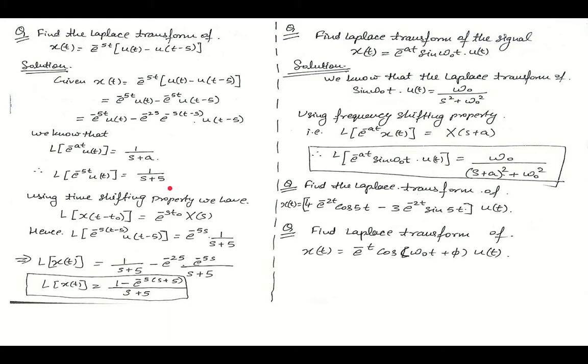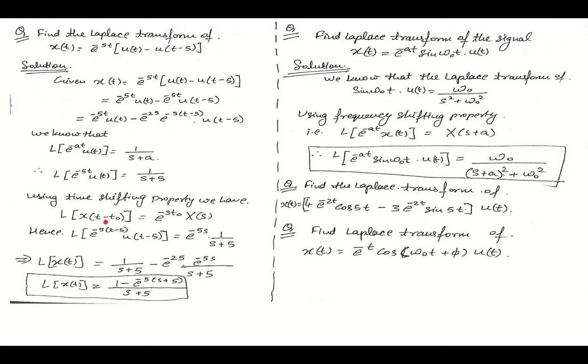Now to use the time shifting property, we already know that Laplace of x(t minus t naught) is equal to e to the power minus s t naught into X(s). Now if I put in place of x(t minus t naught) e to the power minus 5 (t minus 5) u(t minus 5), here this 5 plays the role of t naught.